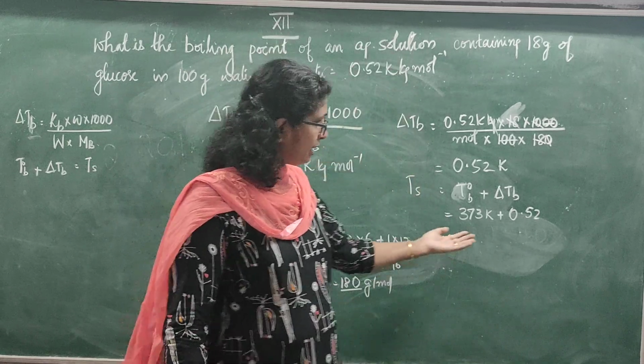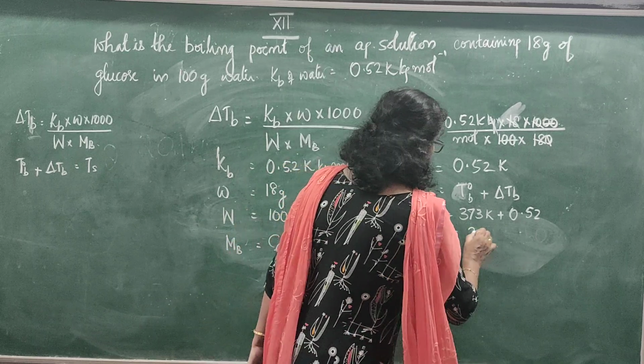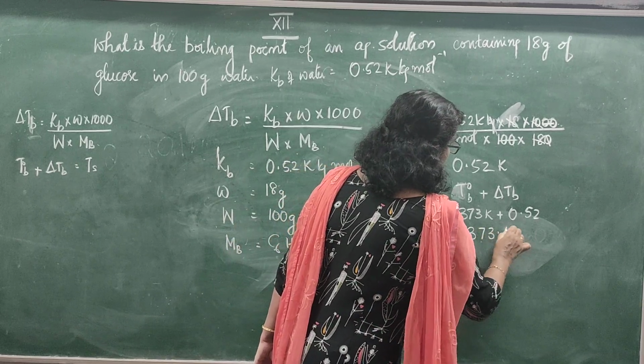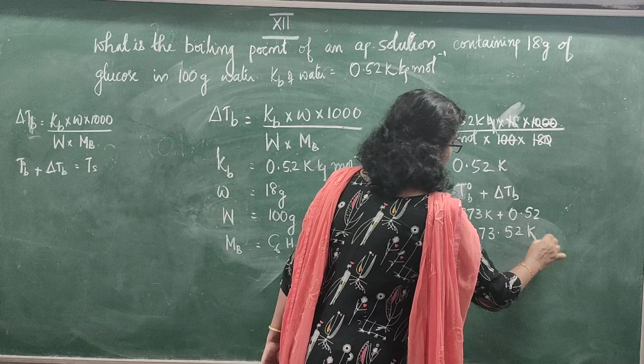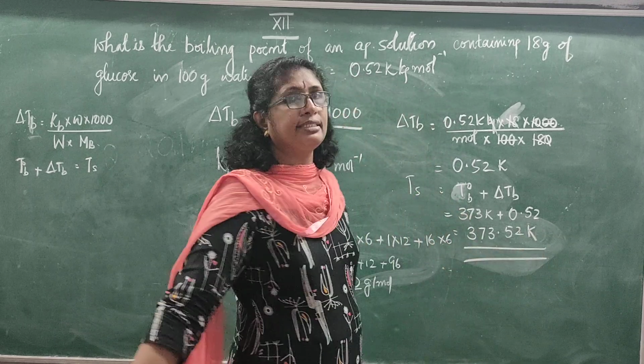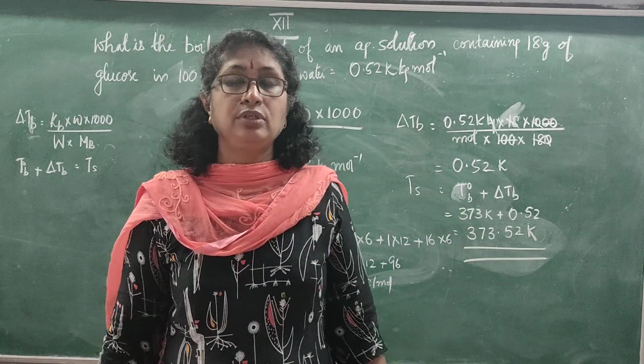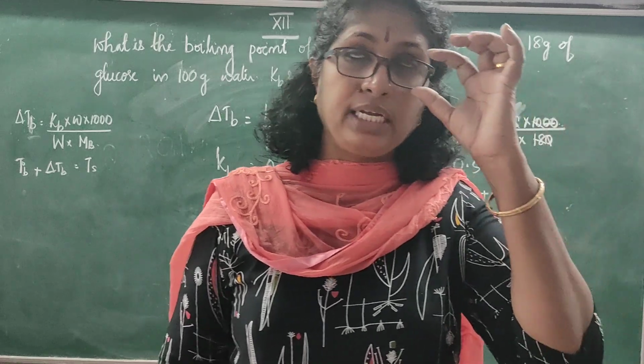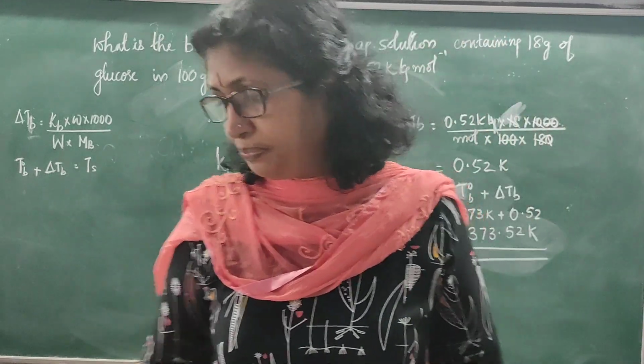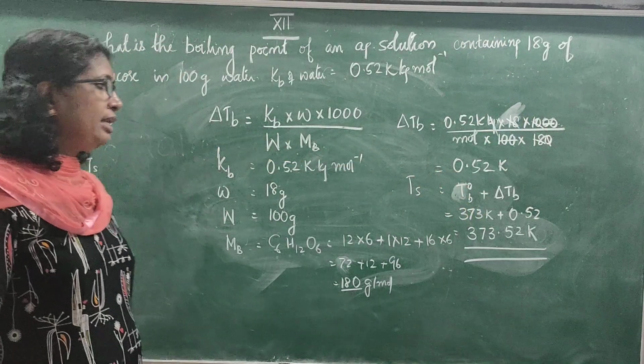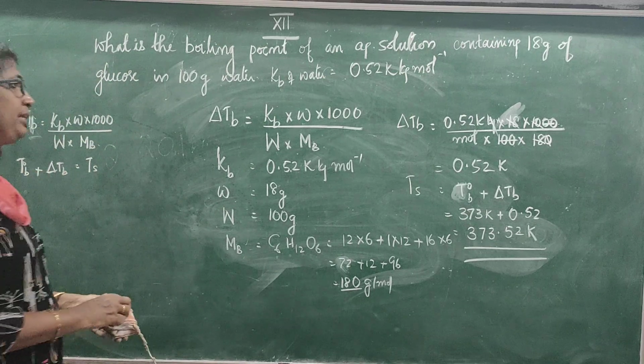So it is 373 plus 0.52, so it is equal to 373.52 Kelvin. So this is the answer. Okay, so you will have to do it. Similar problems you can take from your textbook and you can do. So this is the numerical based on elevation in boiling point.